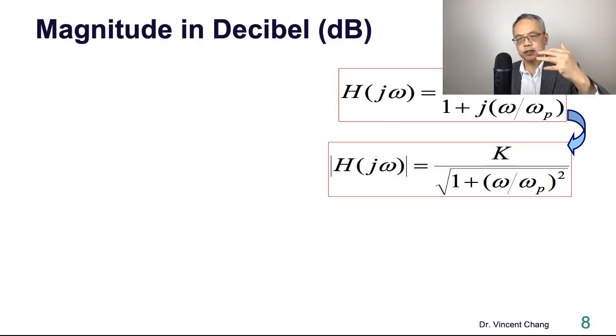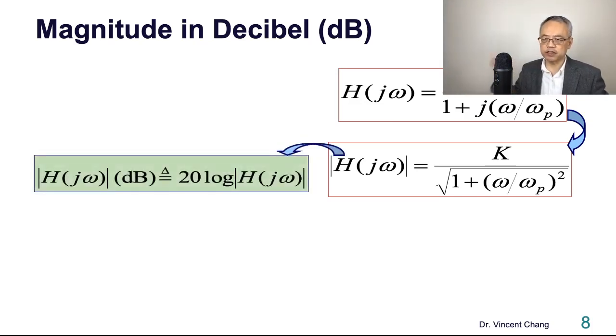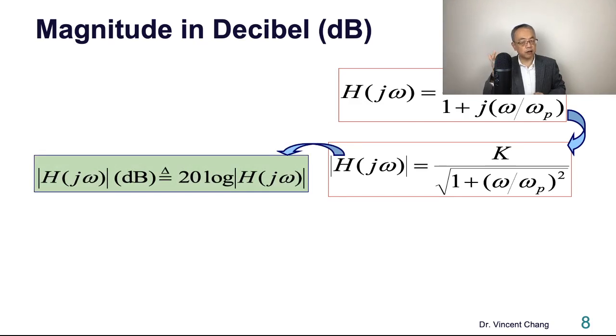we use the decibel, dB. The definition of the decibel is in the log scale, not the linear scale. On the right-hand side is the linear scale, but on the left-hand side is the log scale. So it's 20 log base 10 of the magnitude of the complex transfer function.